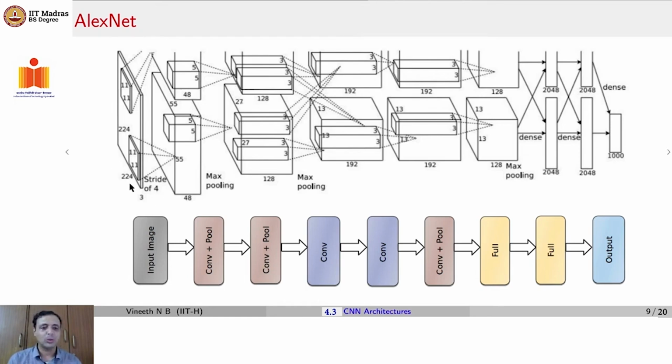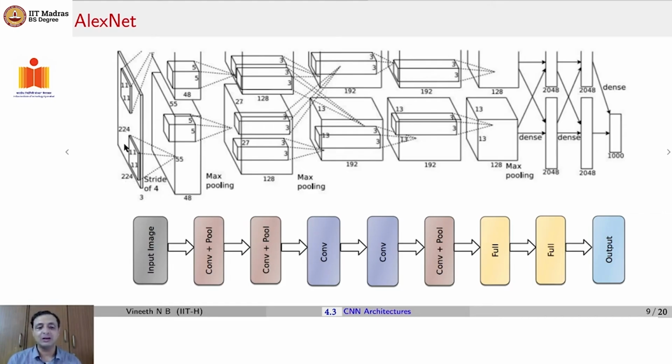So 224 cross 224 cross 3, 11 cross 11 was the size of the filter, and then you have a stride of 4. They also had a certain level of padding, so you would have 227 cross 227 as the final input given to the network.